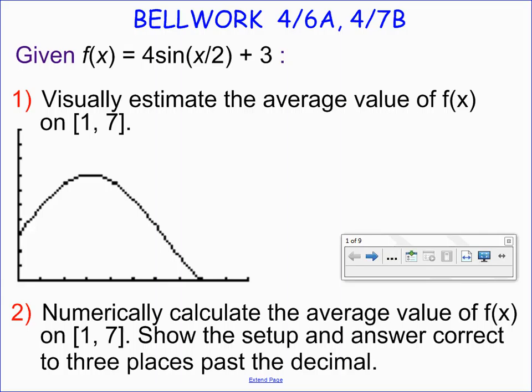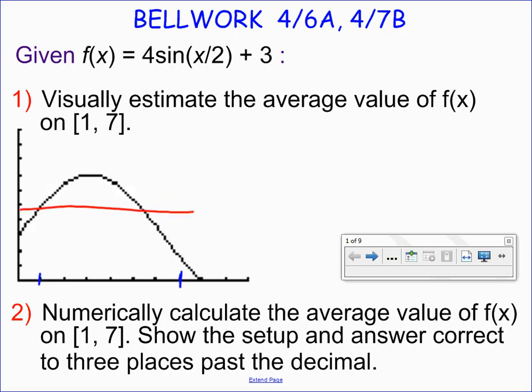To visually estimate the average value over the interval 1 to 7, I'd say somewhere maybe in here. Again, that's just a visual estimate, and it might not be very good, but we'll see.